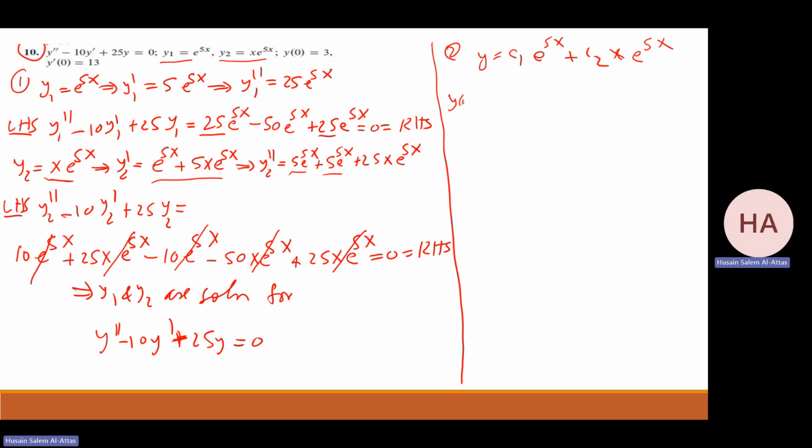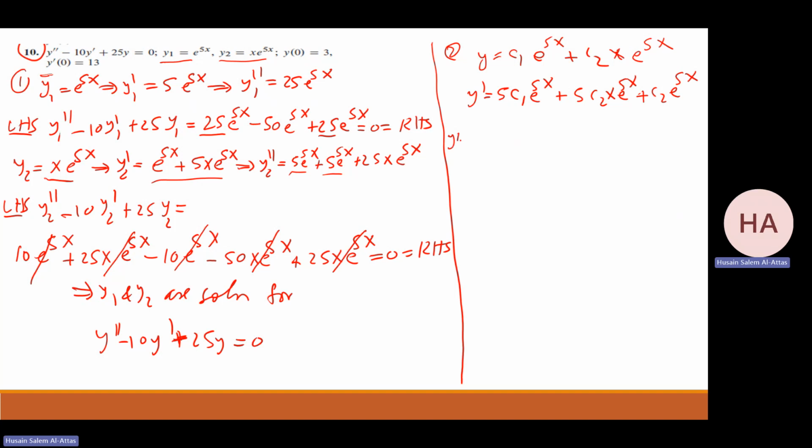Y at 0. No, I need y prime, because I have a condition for y prime. Let me find y prime. That will be 5c1 e to the power 5x plus 5c2 x e to the power 5x, plus c2 e to the power 5x.